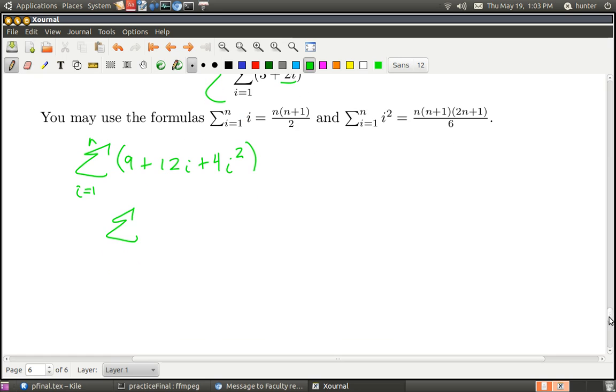What I mean is that this stuff is the same thing as sigma 9 plus sigma 12i plus sigma 4i squared. Okay, and I guess I can go back and put the little counters down here. i equals 1 to n. i equals 1 to n. Okay, but that's not all, right?